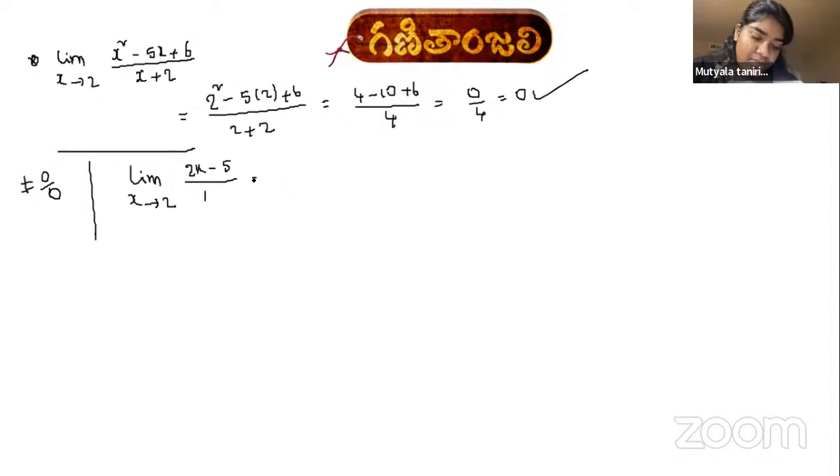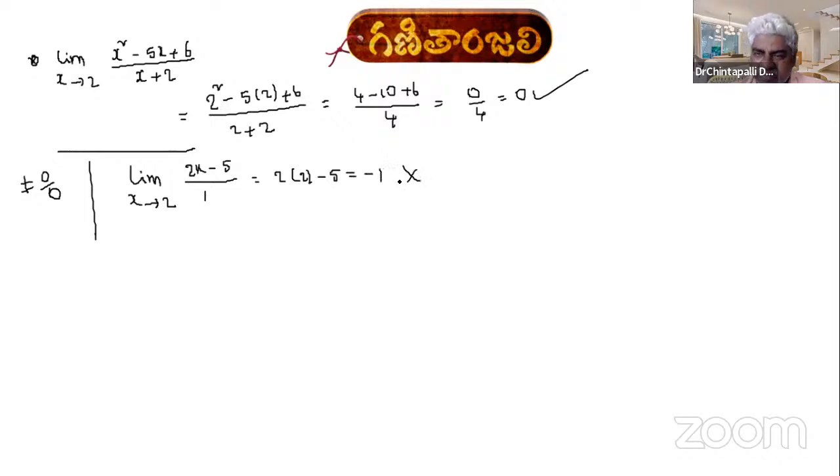So 2 times 2 minus 5. It is a wrong answer. Do you understand the difference between 0 by 0 form, when to use L-Hospital rule and when we don't use L-Hospital rule? Got it?